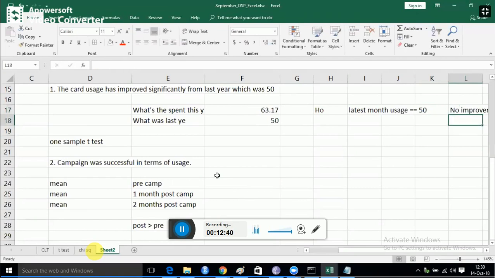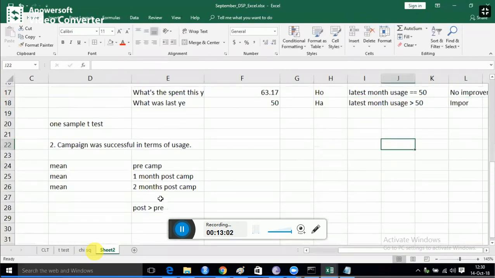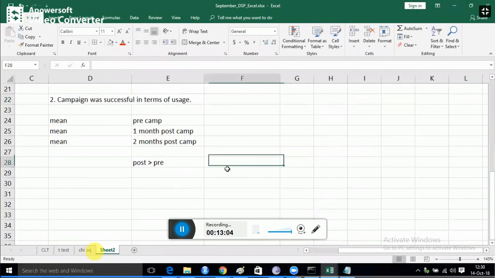Agreed? Alternative is latest month usage. Now, I'm specifically looking for improvement. So, instead of bluntly saying not equal to, I'll specifically say greater than. Fantastic. Which denotes that there is improvement. Right? All right. Here, what should I do here? What is my null hypothesis? Yes.